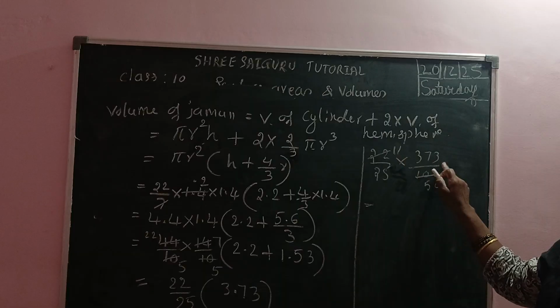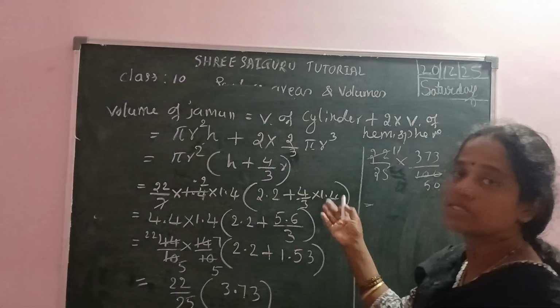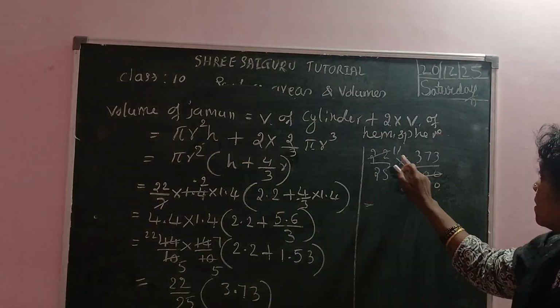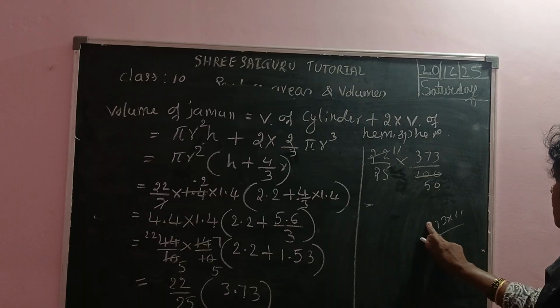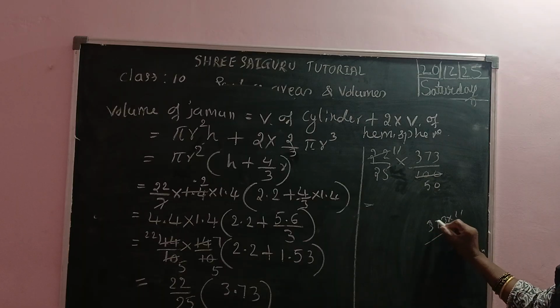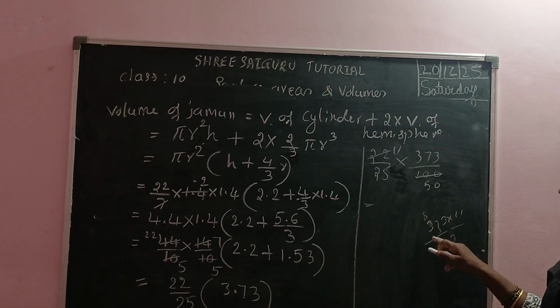Then no further cancellation, so we have to multiply here. 373 into 11, how much? 11 3s are 33, 11 7s are 77, plus 3 is 80, 11 3s are 33, plus 8 is 41.